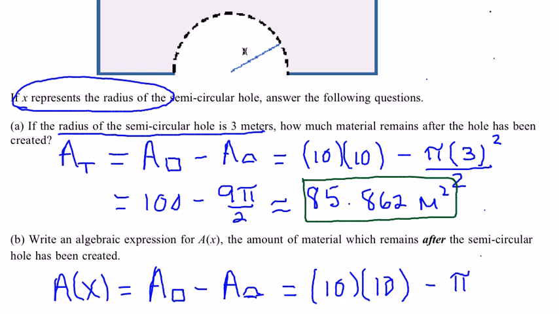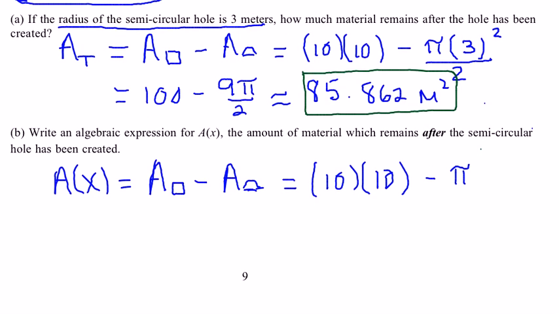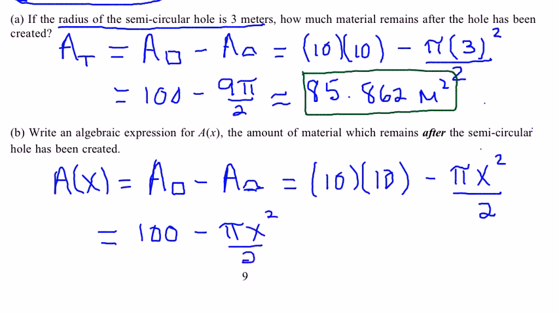X represents the radius, so pi times x squared divided by 2. And this is enough, this will be the answer. I'm just going to go ahead and simplify the 10 by 10 to give me 100 minus pi times x squared over 2. And that's what I'm going to write as my solution for this expression, A of x.